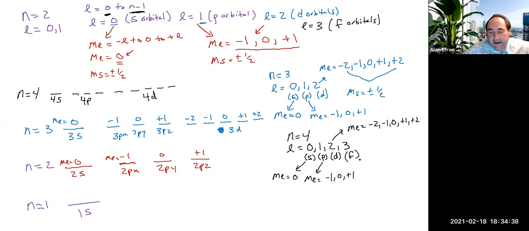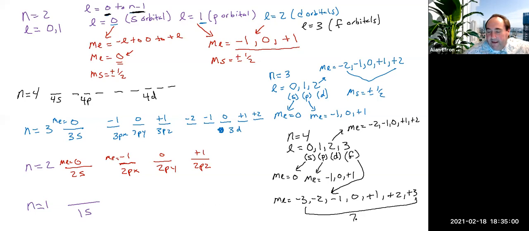And now with our f, we'll go this way. Our f is 3, which means for our M sub L, we would start at -3. Again, going whole numbers: -2, -1, 0, +1, +2, and +3. When we count those up, that is 7 of them, which is why when we talk about f orbitals, there are 1, 2, 3, 4, 5, 6, 7 f orbitals.